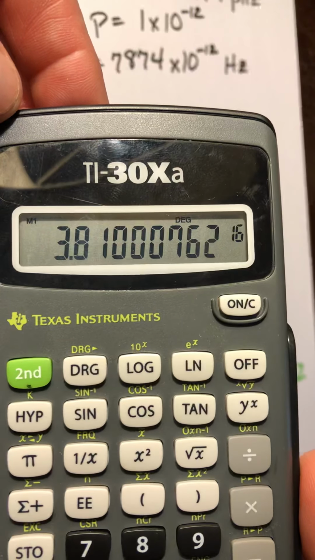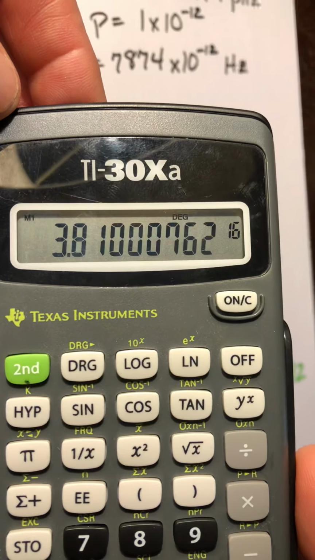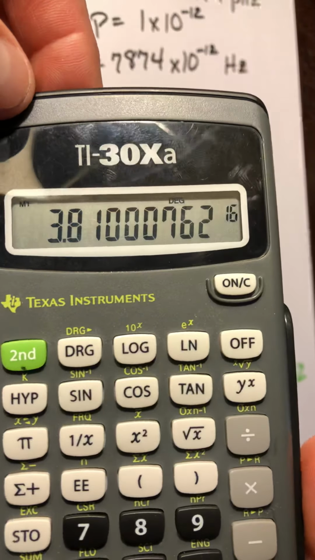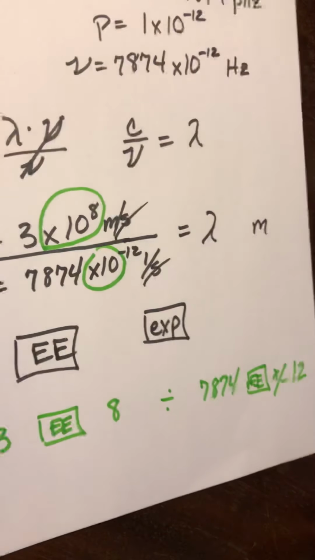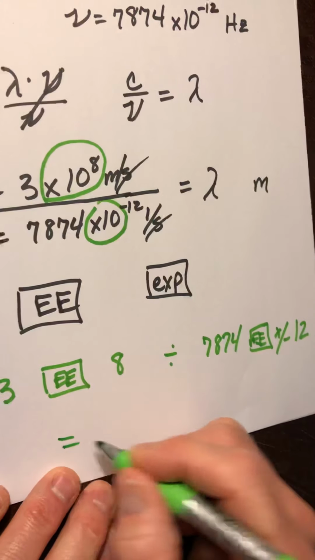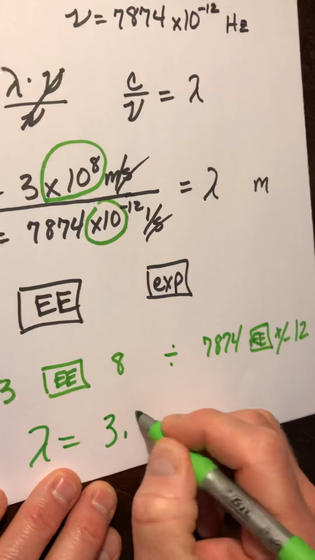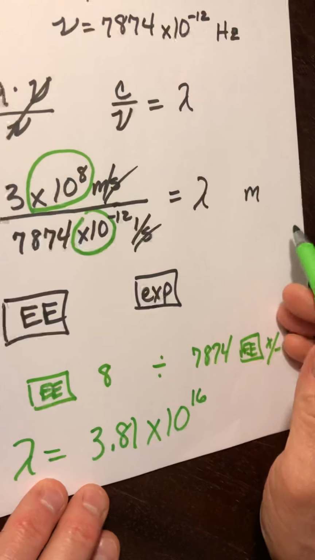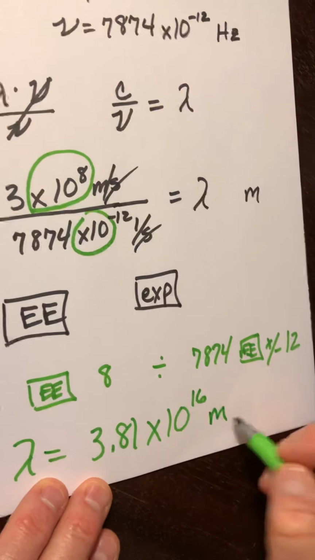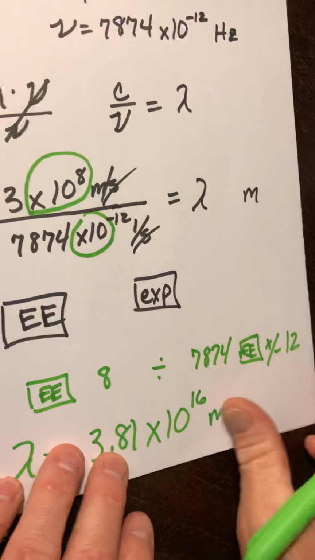Those extra decimals don't mean a whole lot, but the little 16 in the upper right hand corner means times 10 to the positive 16th. And since we figured out earlier that our units are going to be meters, that would then be meters.